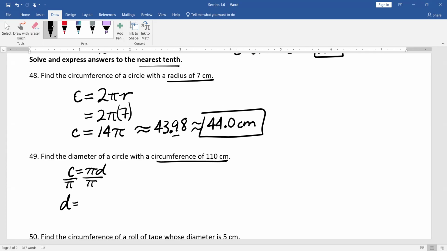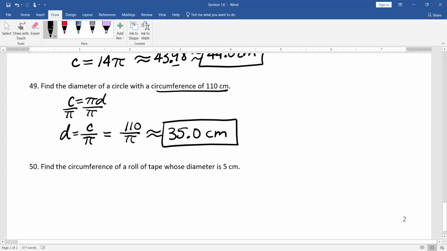So my formula is diameter equals circumference divided by pi. That is 110 divided by pi. Here's my exact. And then if we plug that in, 110 divided by pi is 35.014, so 35.0 centimeters.